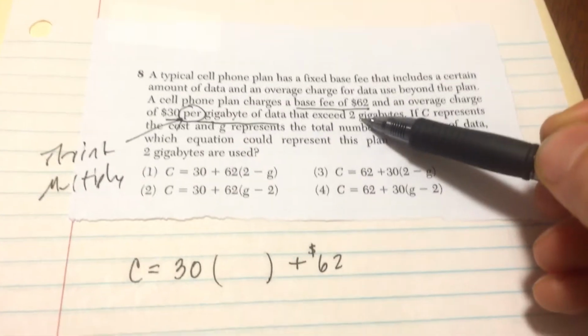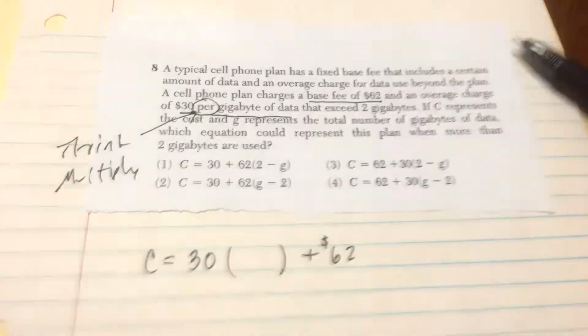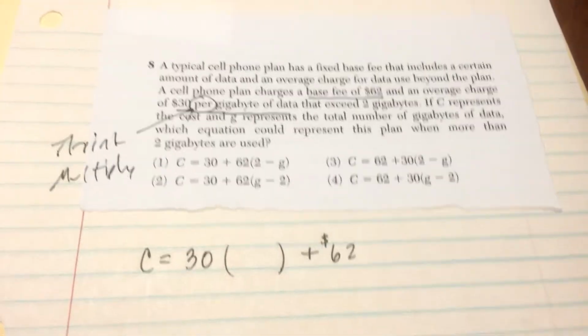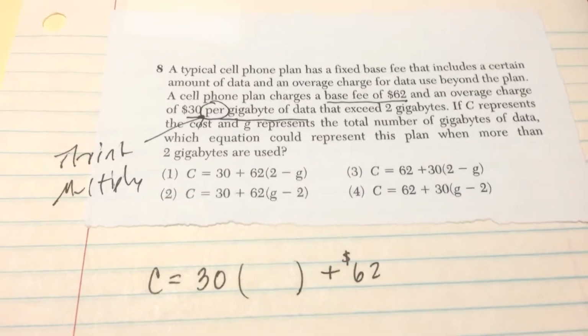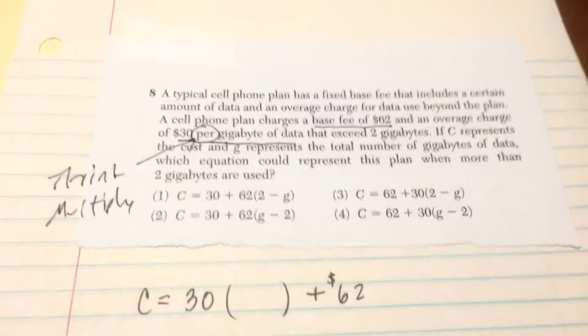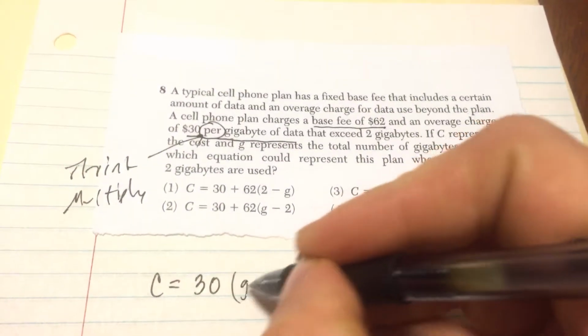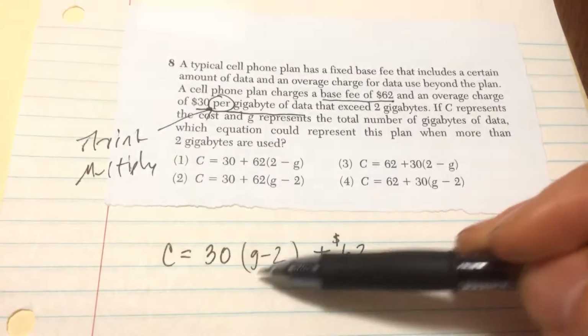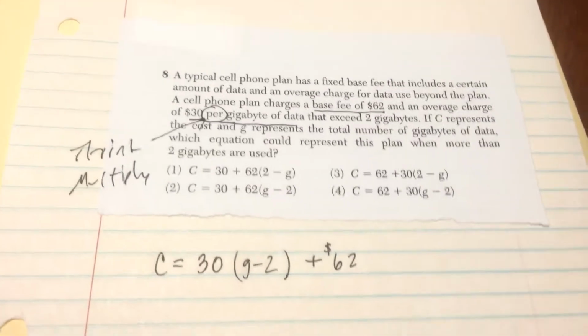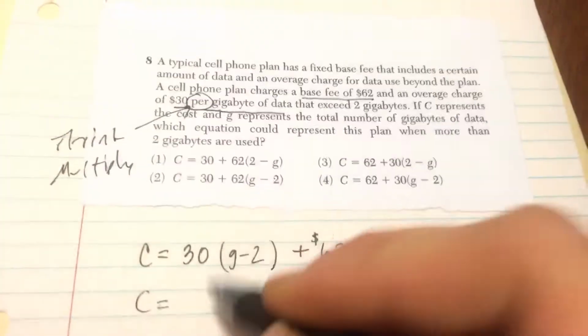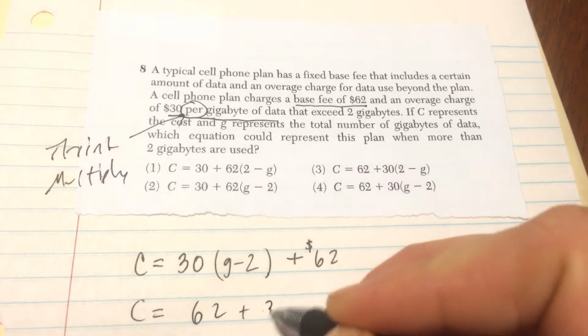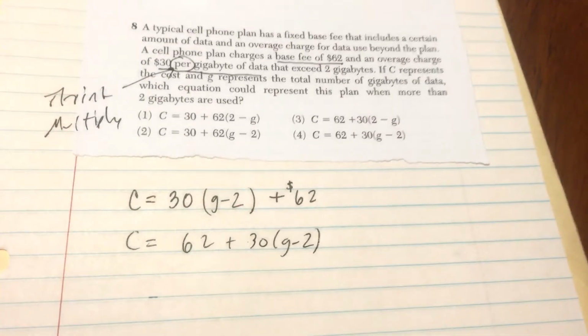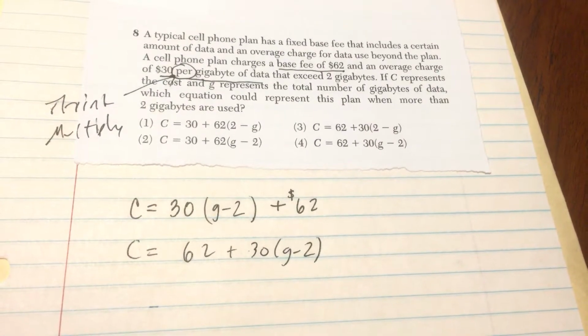So say you had 4 gigabytes, you're paying for 2 of them because you did 4 minus 2. If you did 6 gigabytes, you would pay $30 times 4 because you did 6 minus 2. So we're doing gigabytes minus 2. So 30 times G minus 2 plus 62. It looks like in this case they are trying to confuse you and they did it backwards and they're doing 30 times G minus 2. This is choice number 4.